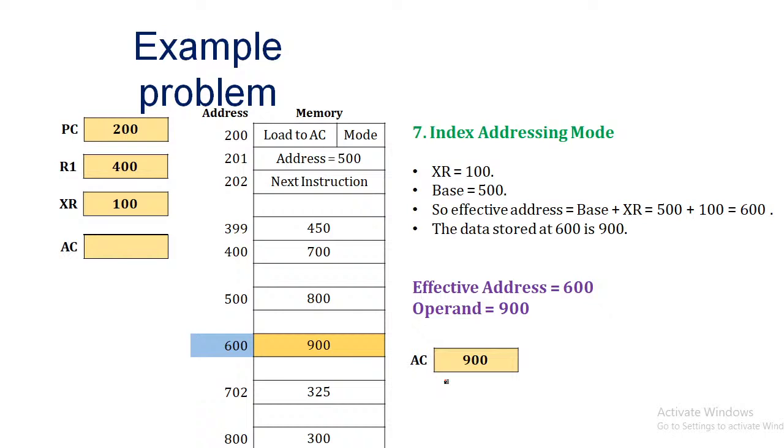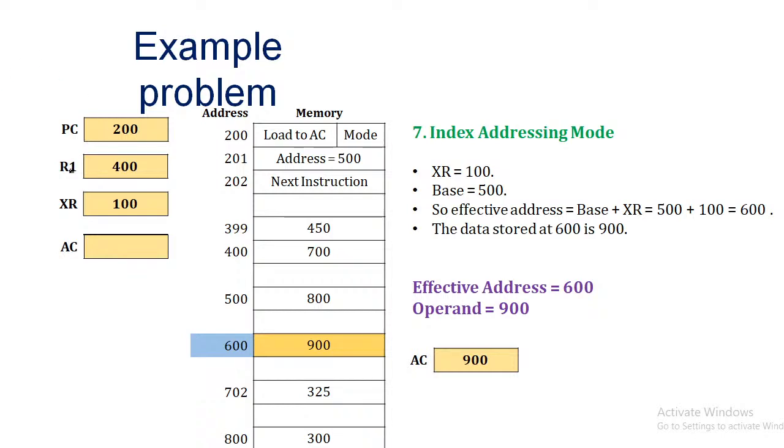Now let's come to the index addressing mode. In case of index addressing or base register, the value of the base is to be added with the index register. The base value is this part, and this XR is the index register, which contains 100 here.